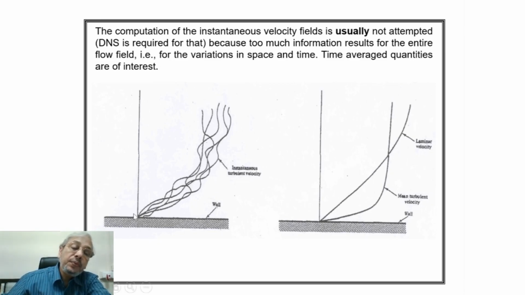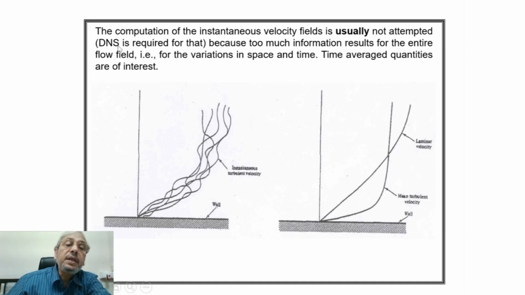Maybe if you look at a velocity profile close to the wall, maybe this is a channel flow close to the bottom wall, maybe flow over a flat plate again close to the bottom wall. The computation of instantaneous velocity fields is usually not attempted.